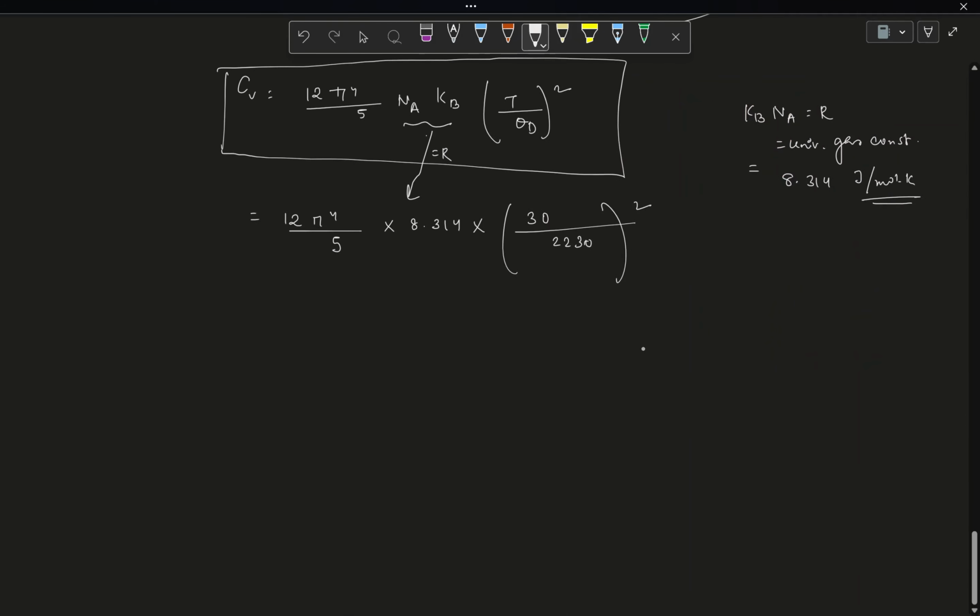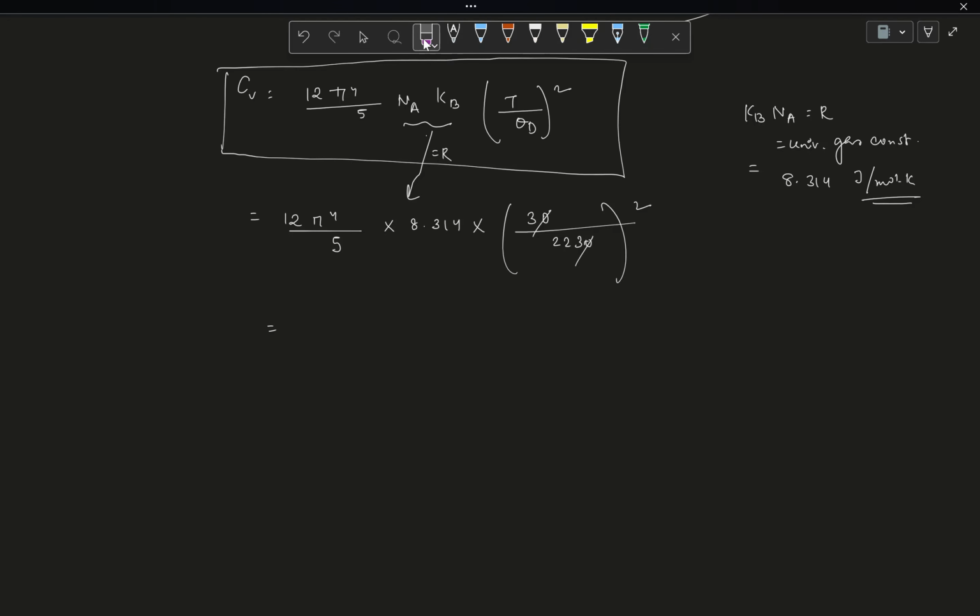Okay, so this 0 and this 0 cancels out, and this is equal to, if you use your calculator, do this carefully, 3 by 223 whole squared into 8.314 into 12 by 5 into pi to the power of 4. So sorry, I made a major mistake.